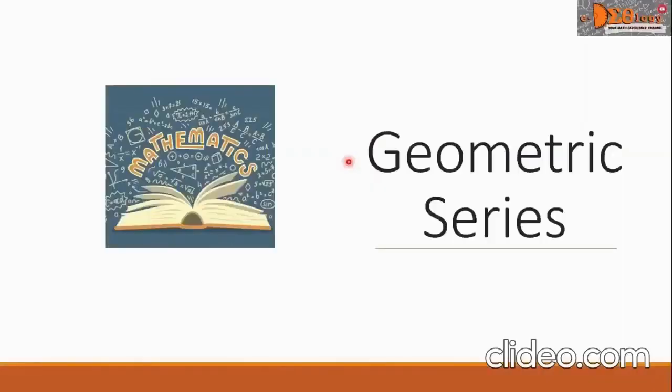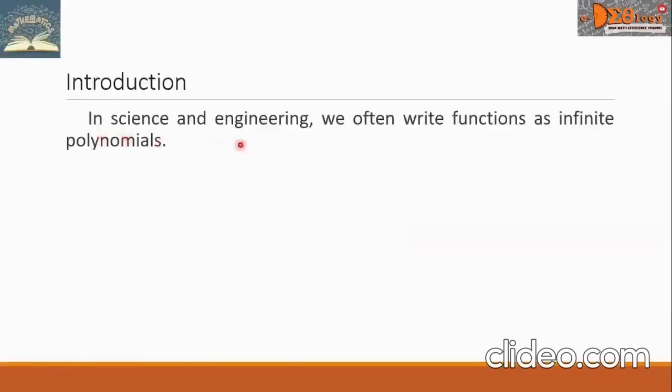Today, we're going to study geometric series. In science and engineering, we often write functions as infinite polynomials. For example, we have 1 plus x plus x squared plus x cubed plus up to x raised to n plus and so on.